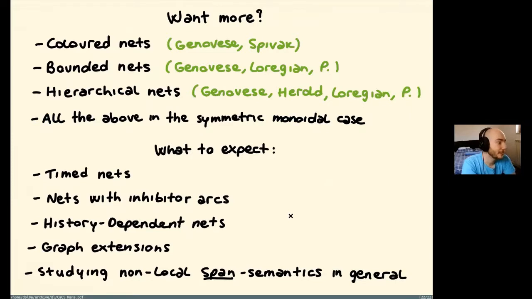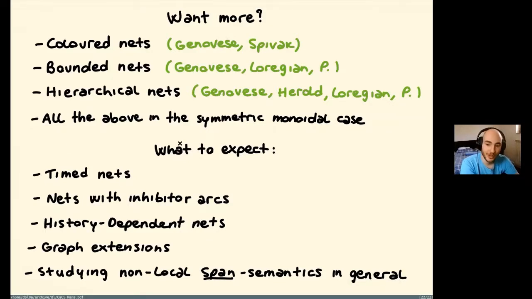If you're interested in other kinds of extensions of pattern nets, we wrote a lot about this, and we also worked out all the above and the mana net case in the symmetric monoidal case, which is pretty hard. But the Grothendieck construction is really useful for dealing with that.